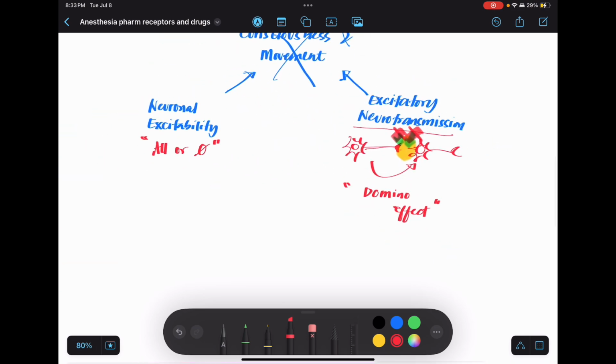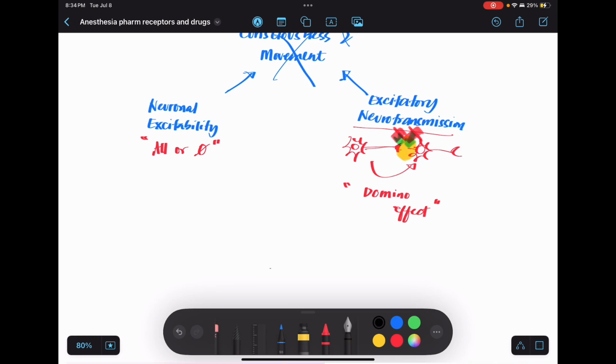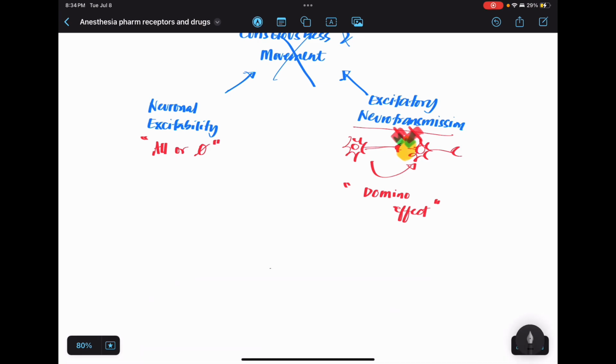So next, let's think about what are the receptors in the body that would give us these effects. Receptors would include GABA A, which is an inhibitory receptor. And then we also have sodium channels, which is excitatory.